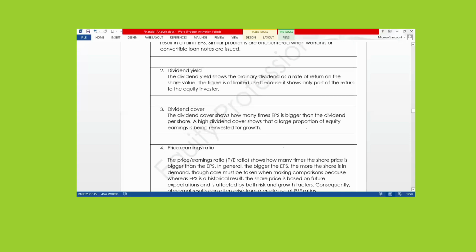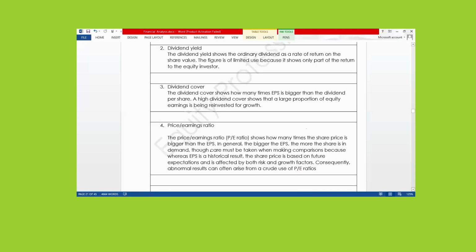The last one, price earning ratio, calculated as market price per share divided by earnings per share. This ratio shows how many times the share value is bigger than earnings per share.